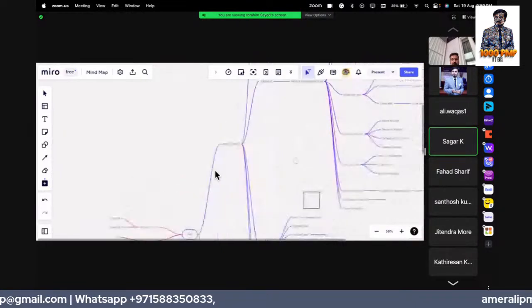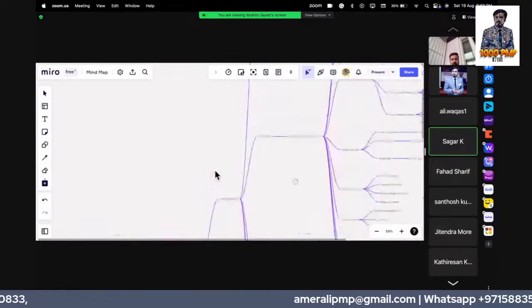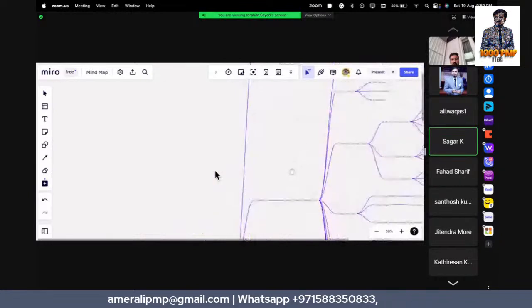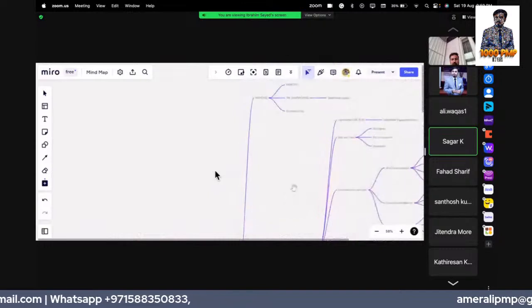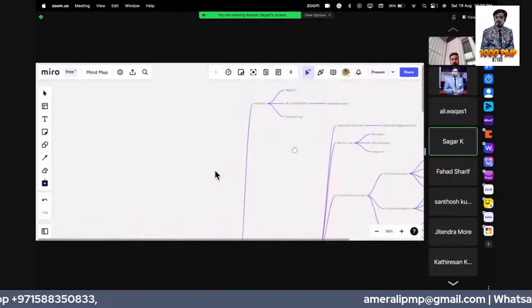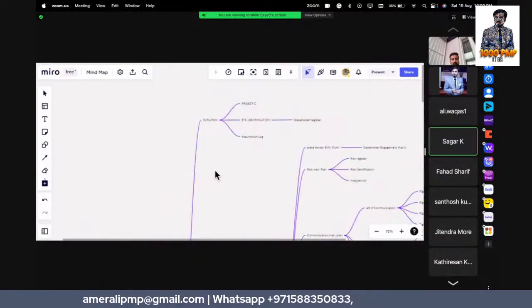In the initiation part, the project charter is created, stakeholders are identified, and the assumption log is created.